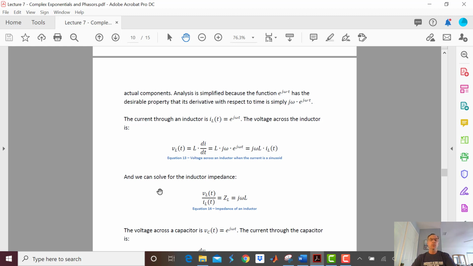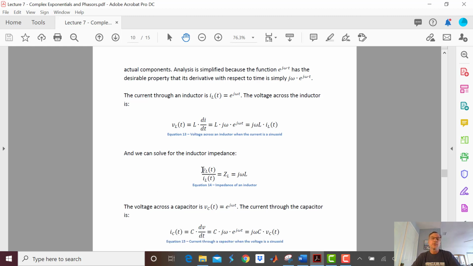And we can solve for the inductor impedance. V sub L divided by I sub L is Z sub L equals j omega L. Hey, you already knew that, but this is where it came from. The idea is feeding circuits with complex exponentials, because that's what we did.